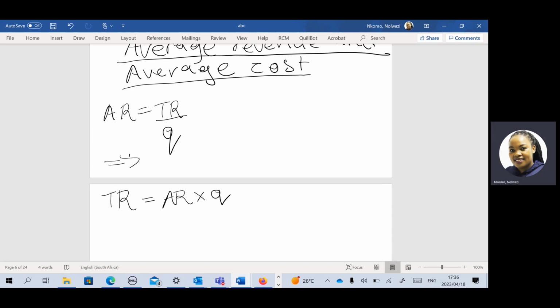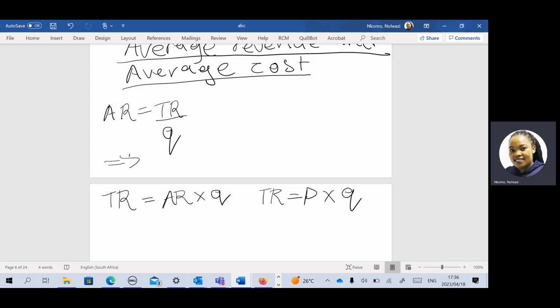Okay, so this means the total revenue is equal to the average revenue times Q. But we know that the total revenue is equal to the quantity demanded times the demand function, right?